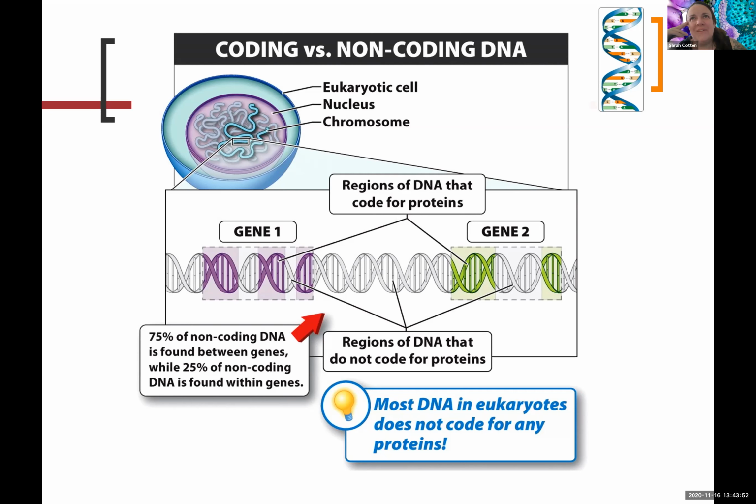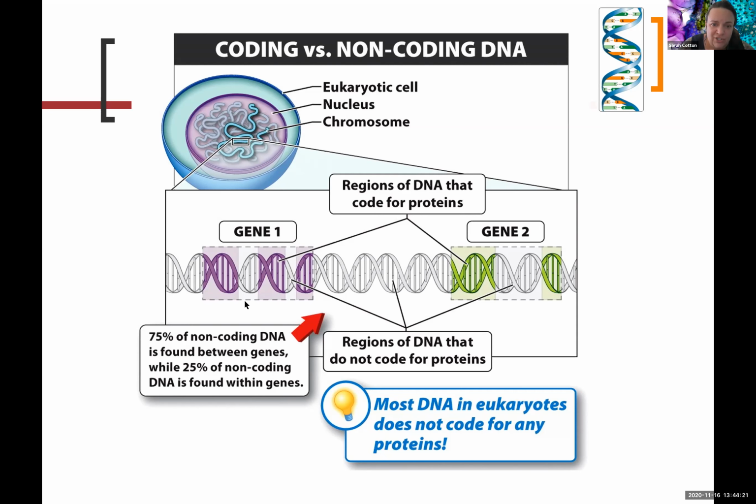Some of that might be kind of true, but just because we don't know what it does doesn't mean it's junk. But there's a lot of stuff in there that actually gets cut out, and we call that stuff an internal non-coding region.